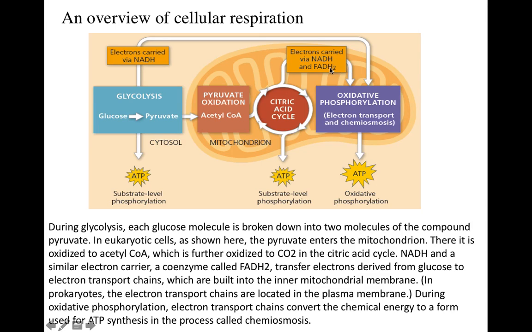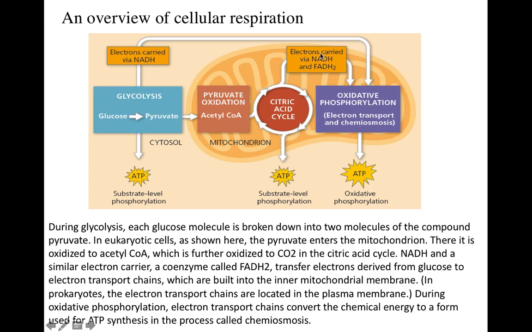While FAD, flavin adenine dinucleotide, accepts two electrons. When it accepts two electrons, then this is reduced from FAD to FADH2. So basically both of them are carrying electrons from the citric acid cycle and transporting these electrons to the electron transport chain.